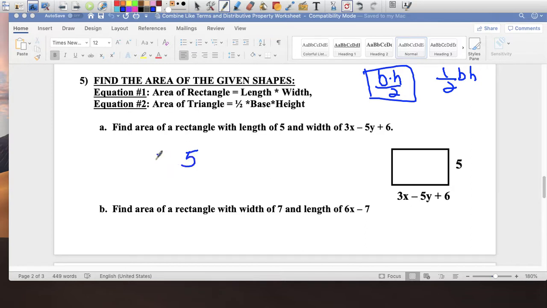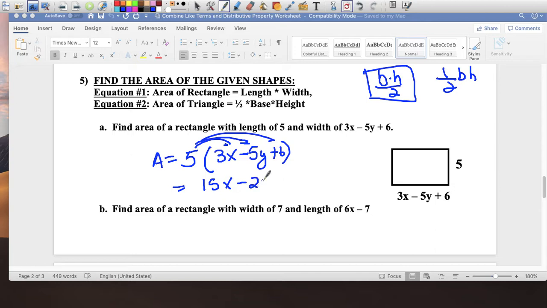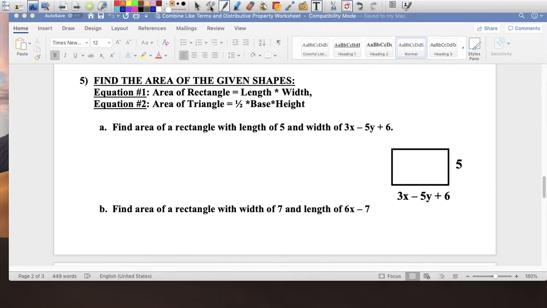So we're going to do 5 times one side times the other. I'll write 5 in this corner, in this side, that's fine too. Distributive property: 15x minus 25y, and the positive times the positive gives me 30. Can I combine anything? No. Done.